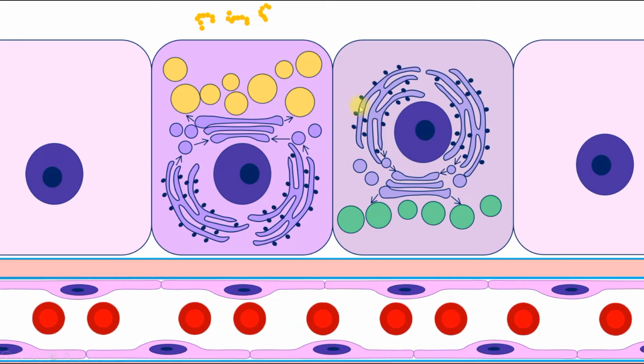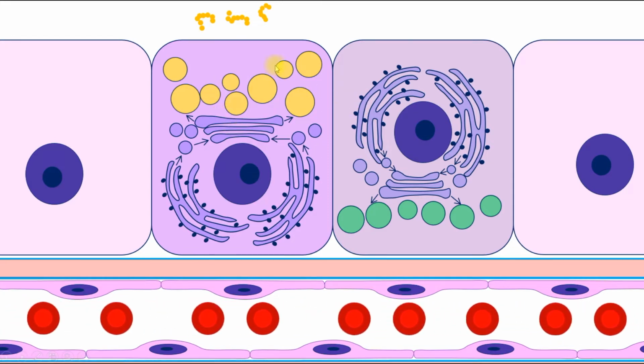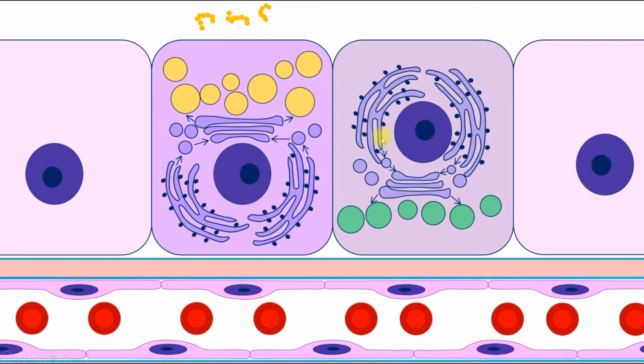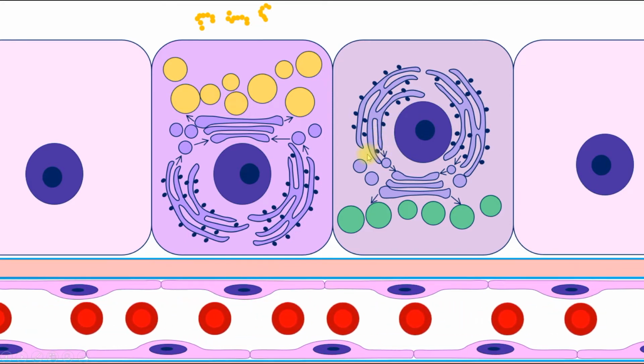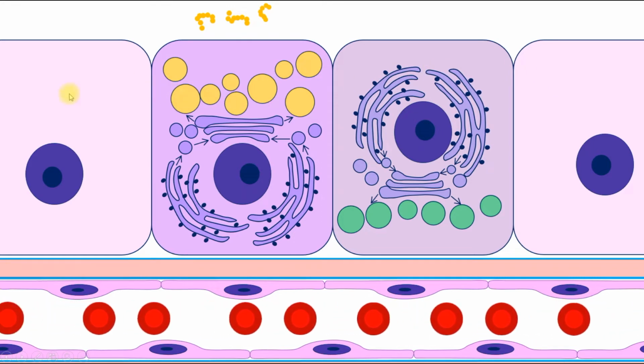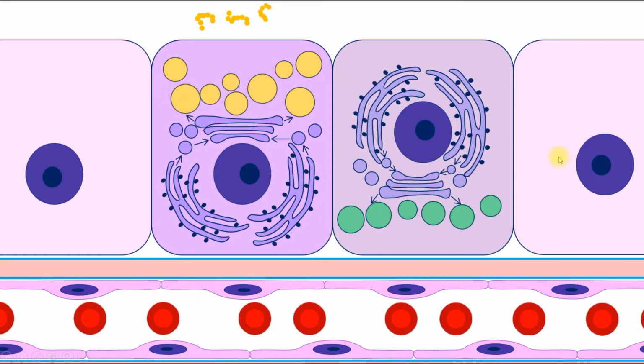So here we can see two types of secretory cells, exocrine and endocrine cells, and some of the exocrine and endocrine cells are located directly in the covering and lining epithelia, in epithelial tissue.